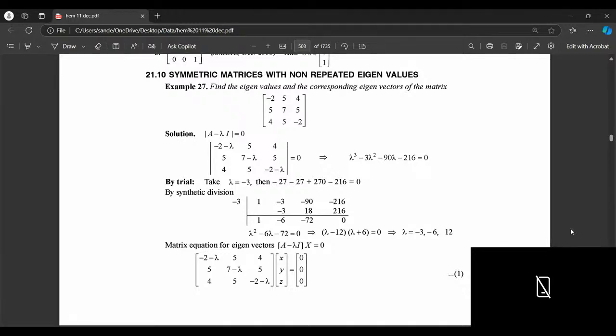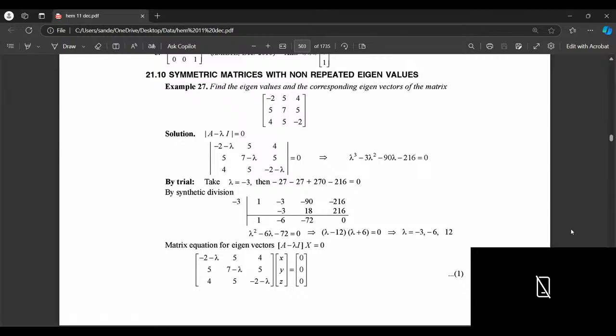So minus 12 lambda plus 6 lambda. You can find the factors. Lambda minus 12 into lambda plus 6 equal to 0. So therefore, the eigenvalues are lambda equal to minus 3, minus 6 and 12. Three different eigenvalues we are getting for given symmetric matrix.